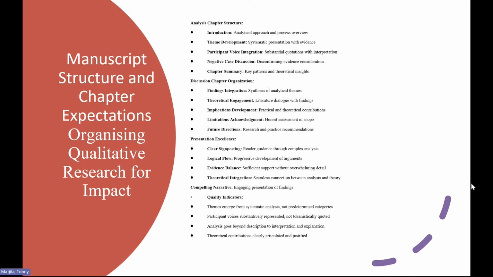While we are saying don't put one quotation, it's not necessary also to put 15 quotations and not say anything about that. So you need to speak to those key quotations. And you need to integrate your participant voices meaningfully, not just as illustration of predetermined points. And it is important to address negative cases and this confirming evidence to demonstrate analytical rigor.